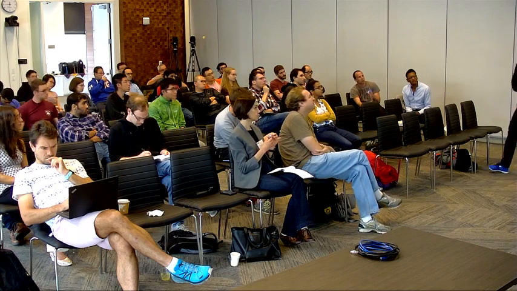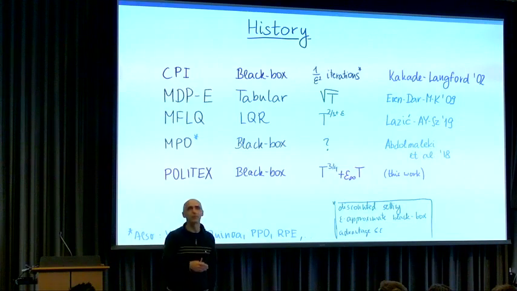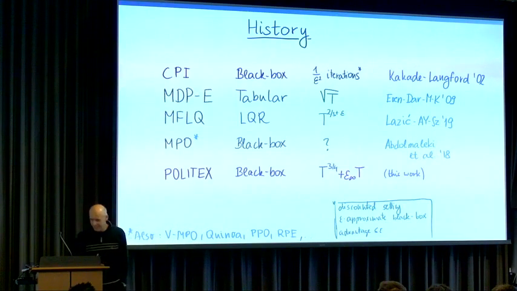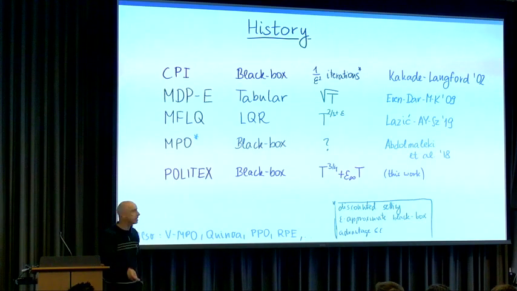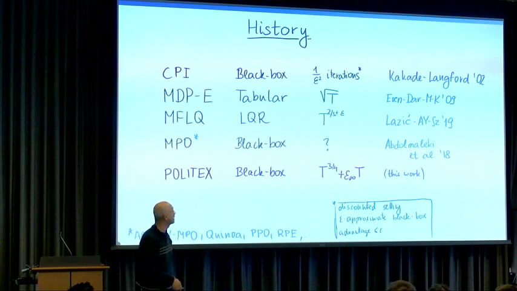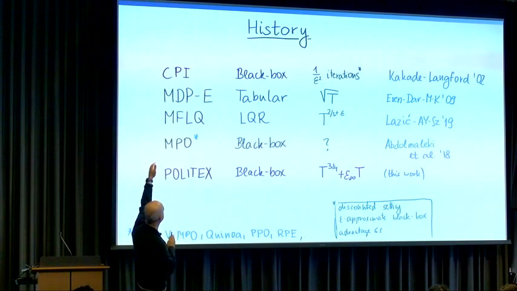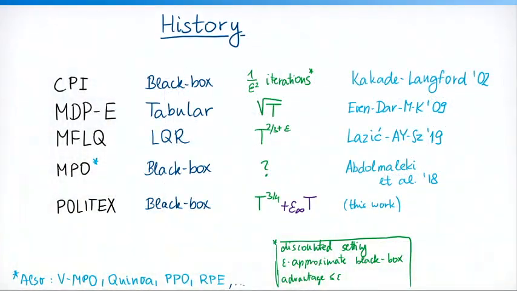So, next slide, or two slides later. It's a good point. All right, so here I just wanted to show some history, as the same ideas have appeared many times in the literature. This algorithm is very close to conservative policy iteration, which is a very different setting, but the same idea.